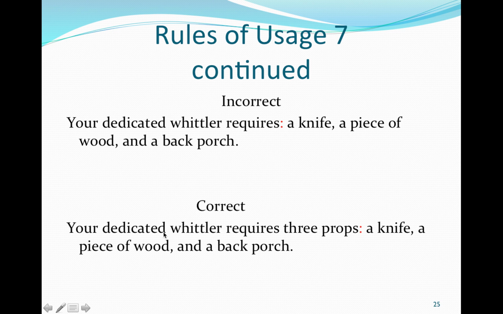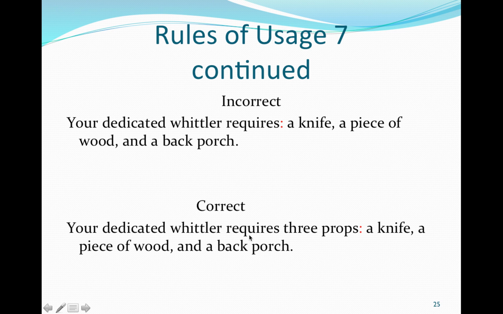Let's go back and evaluate our sentence. Our subject is whittler. That's the who. Our verb is requires. Whittler requires. And our question word is what? And what is the answer to that? Whittler requires what? Props. How many? 3 to be exact.